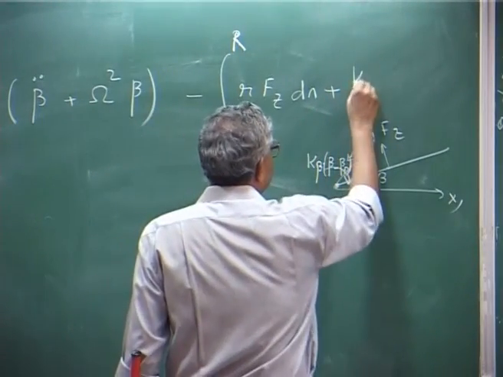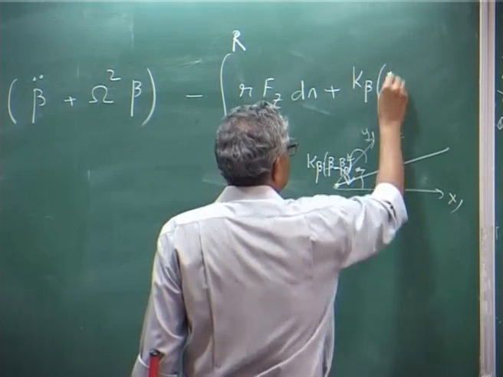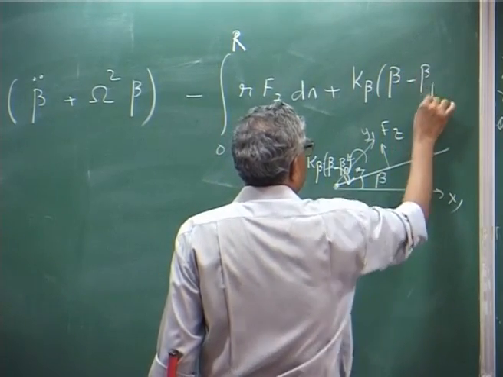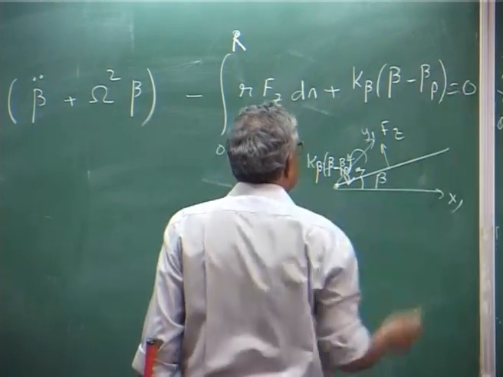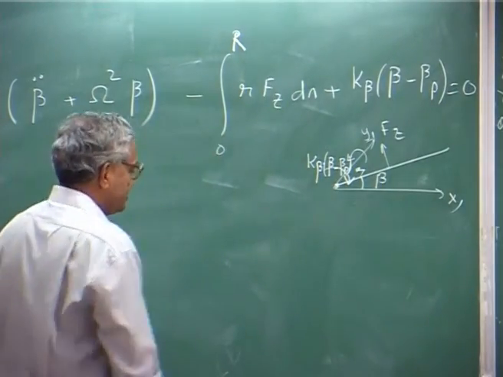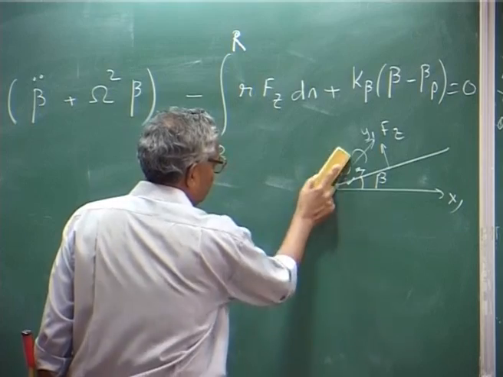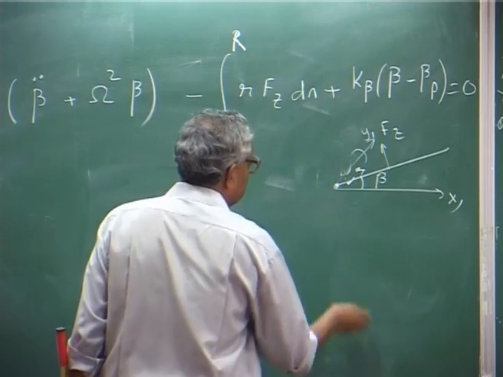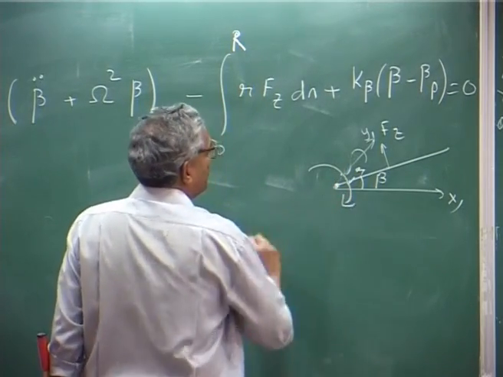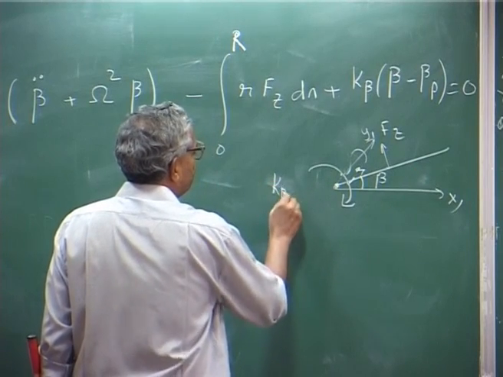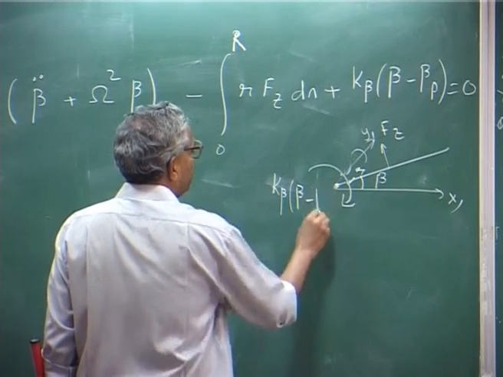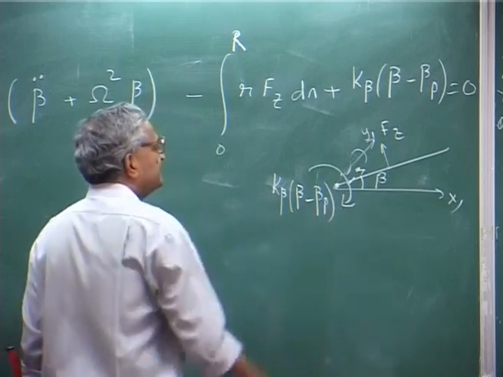So, I add K beta into beta minus beta p, and this is 0, that is all. Maybe I should put it a little clearer. You will have a spring moment.